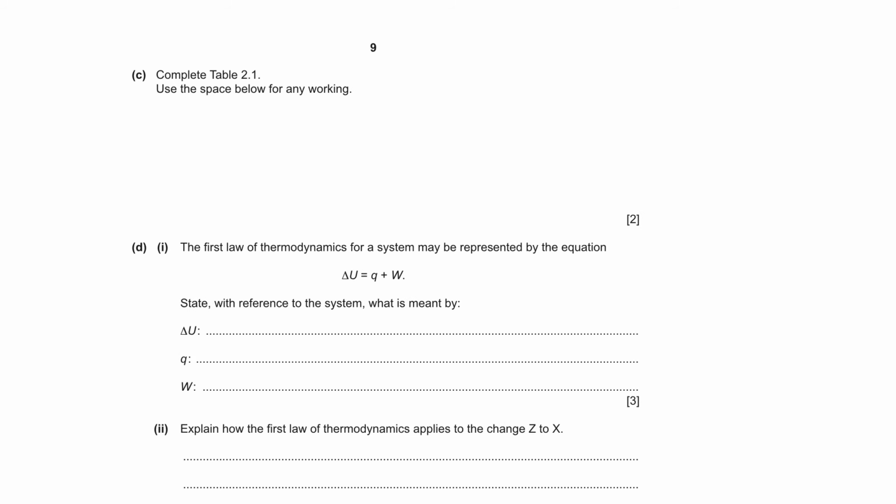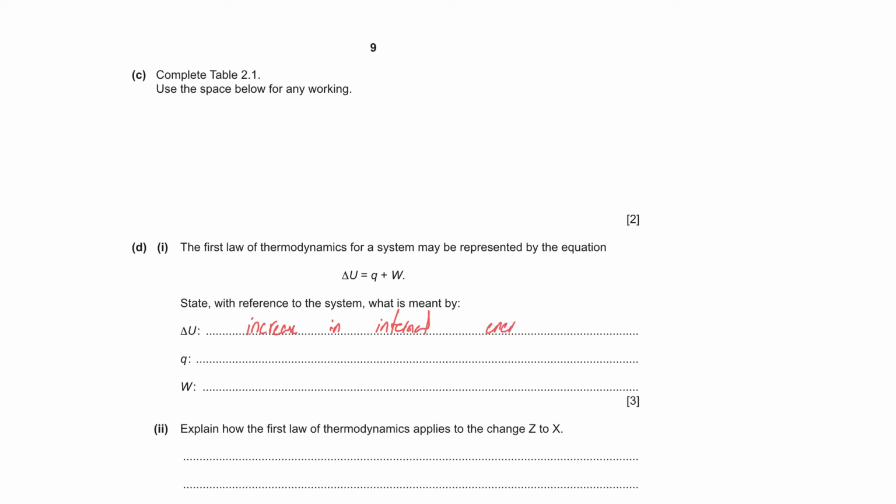2D part 1 says the first law of thermodynamics for a system may be represented by the equation delta U is equal to Q plus W. State with reference to the system what is meant by delta U. Delta U basically means the increase in internal energy.